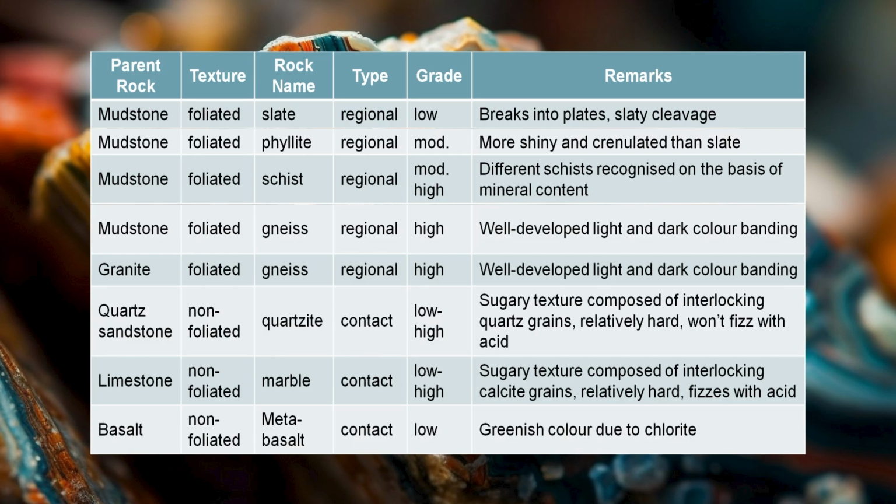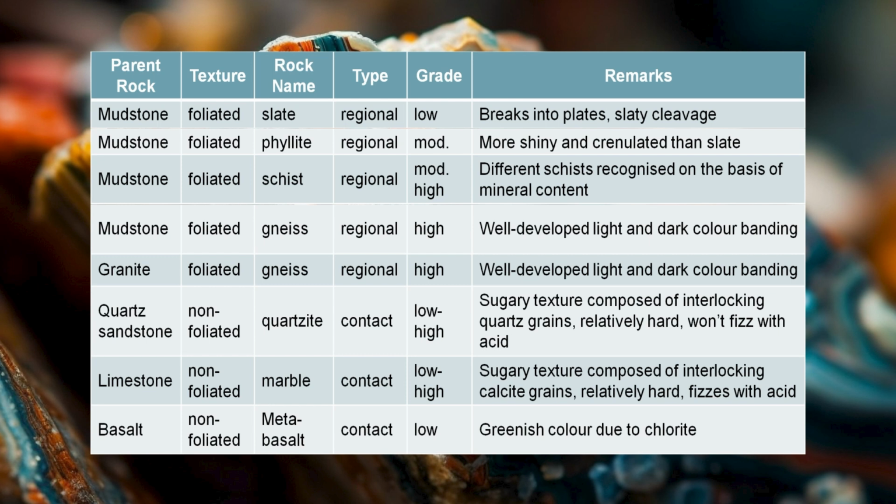Then if I have a granite, this will also result in a foliated metamorphic rock which we can call a gneiss. It is a regional metamorphic rock of high grade. It can also develop light and dark colored bandings.